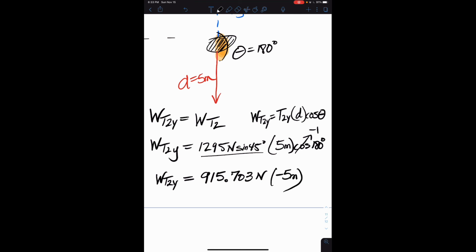So we multiply those two and we get -4,578.52 newton meters, or joules.